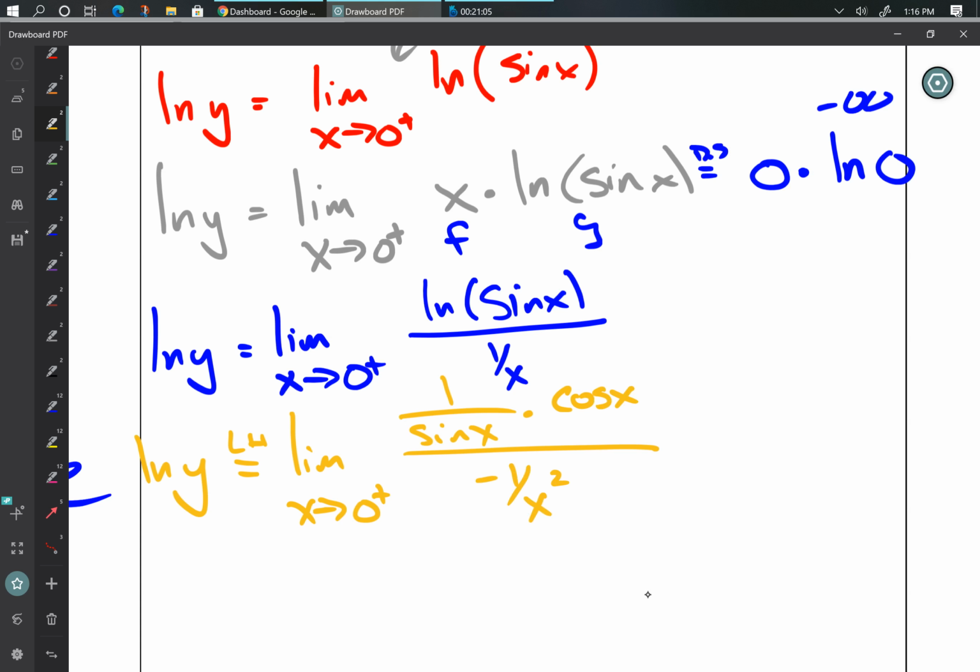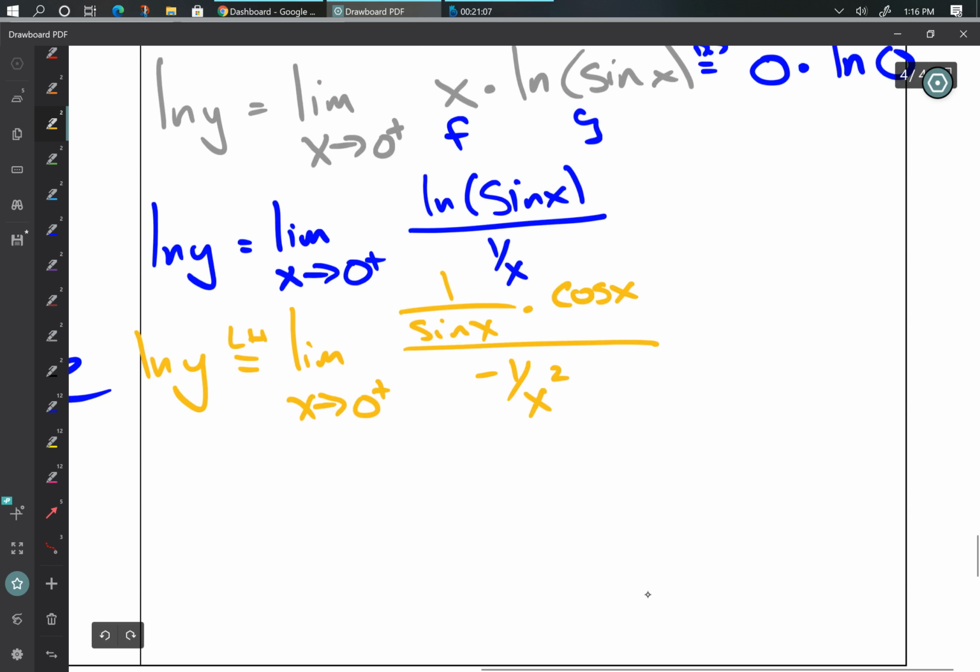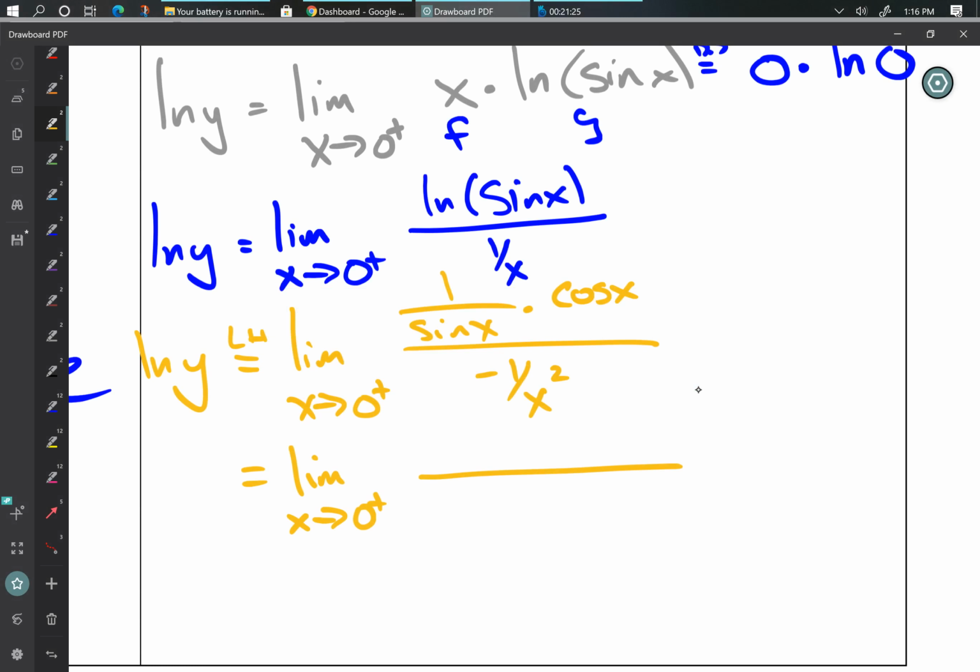Okay. Algebra. Maybe it'll clear up and look like something. Cosine over sine divided by a fraction.